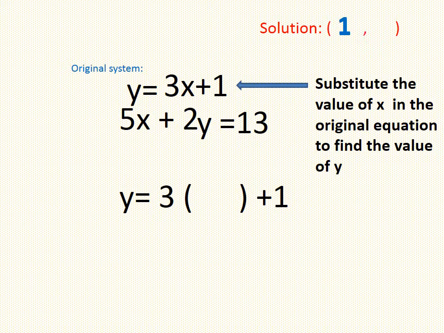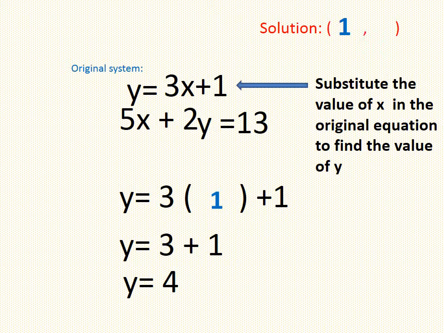I'm going to substitute x now with the value of x, which is 1. And this allows me to find the final value for y, which is 4 in this case. So the y coordinate of the solution for this system is 4. Now the final solution for the system is the point (1, 4).